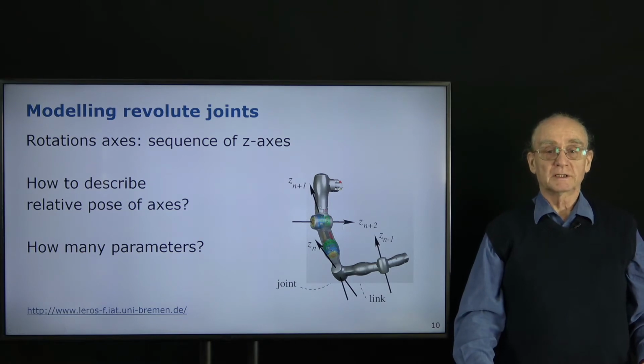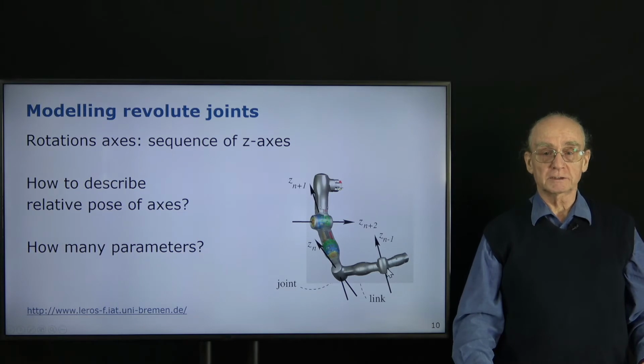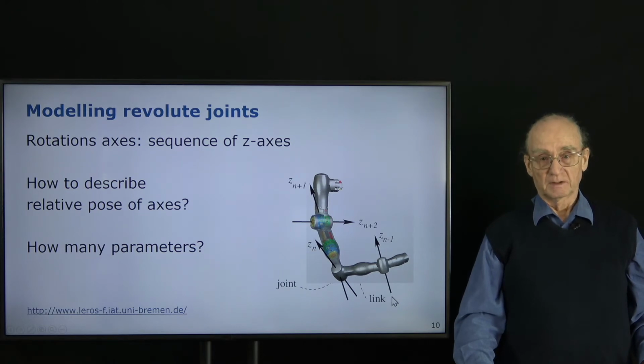So the question is now, we would like to describe the relative spatial positions of these rotation axes in 3D. How many parameters do we need to specify a 3D line with respect to a coordinate system? So let's assume you have a coordinate system here and you want to specify this line in 3D.